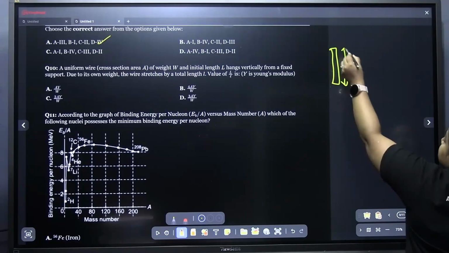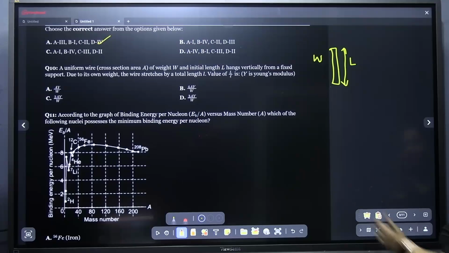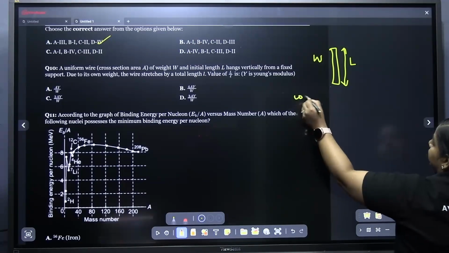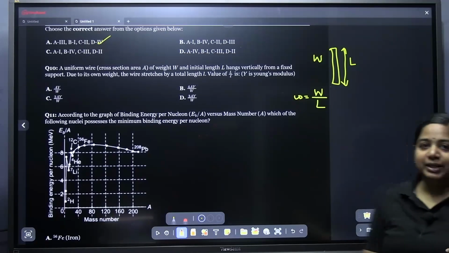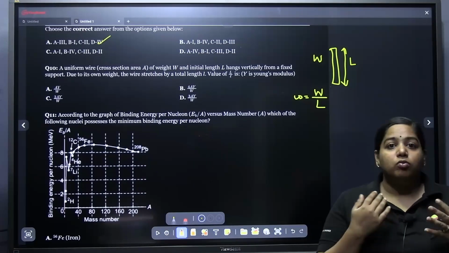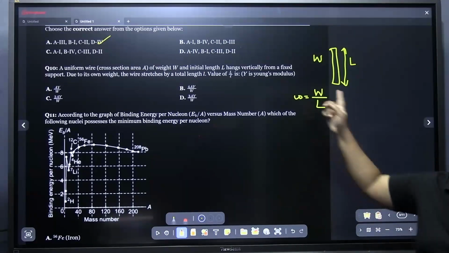So total length is L, total weight is W. So we can say weight per unit length is equal to capital W by L, which means if you take a small portion, what will be the weight of unit length of that material, that is this.